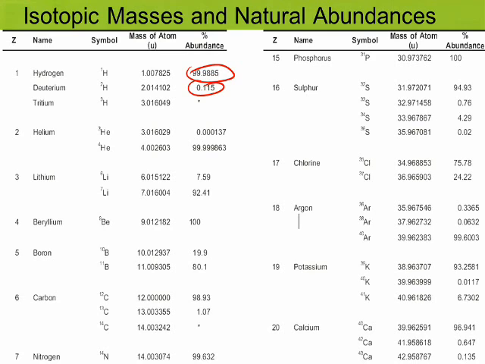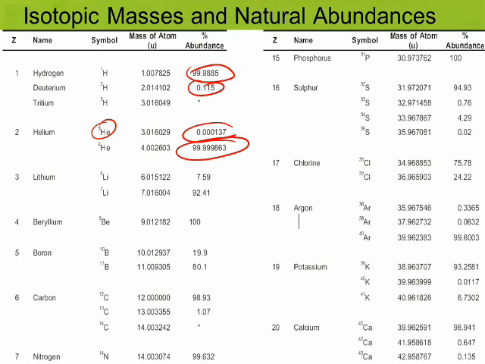So isotopes are really the weighted average of all the different masses and the percent that they occur. That's how you get that decimal place. So helium, there is a helium-3, but almost 100% of helium is helium-4 with a mass of 4.